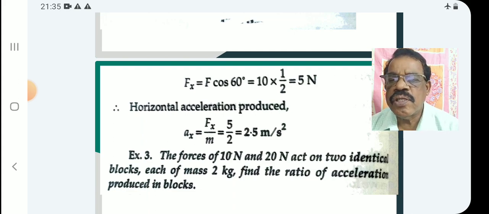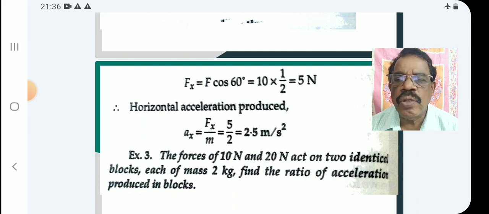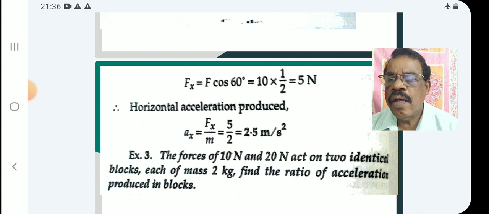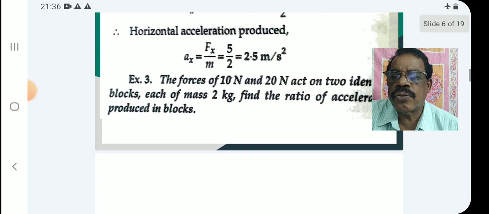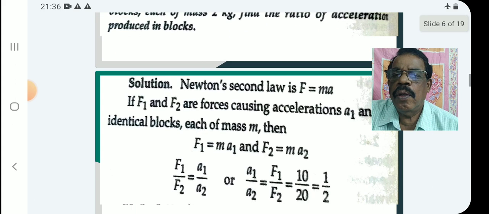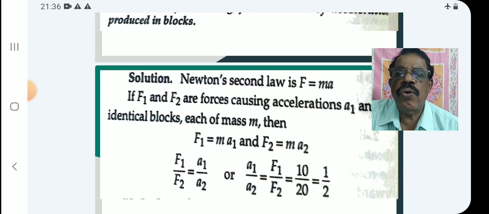The forces of 10 Newton and 20 Newton act on two identical blocks, each of mass 2 kilogram. Find the ratio of the acceleration produced in the blocks. You look here, solution. Newton's second law is F is equal to ma.